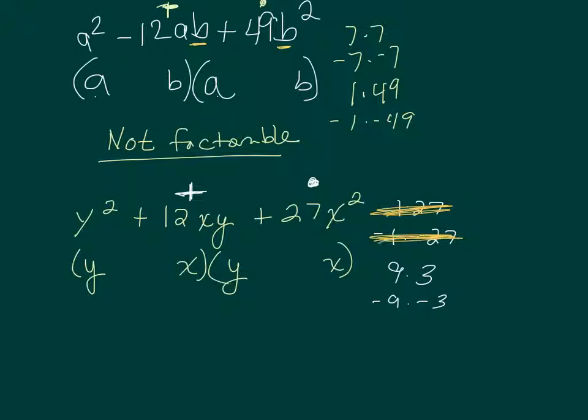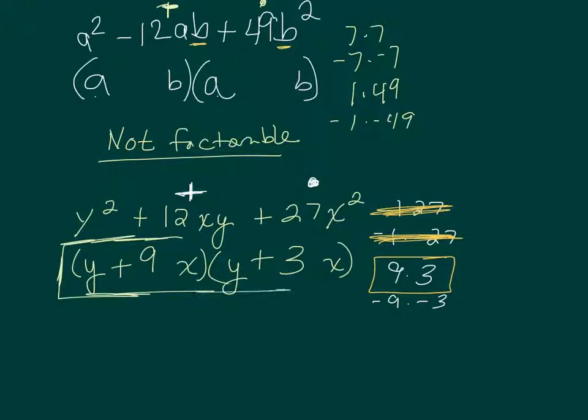It's not going to work. 9 plus 3, 9, 10, 11, 12 is 12. 12 is what we need. So a positive 9 and a positive 3 is what we've got. So I've got y plus 9x times y plus 3x. That's it.